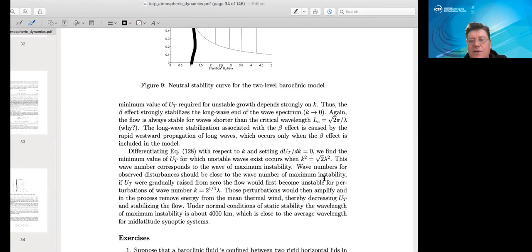So it turns out that this wave number, if you work out the wavelength that is related to it, we get something that is 4,000 kilometers, which is actually the typical wavelength for perturbations that we see if we look at the large scale atmospheric flow, Rossby waves.